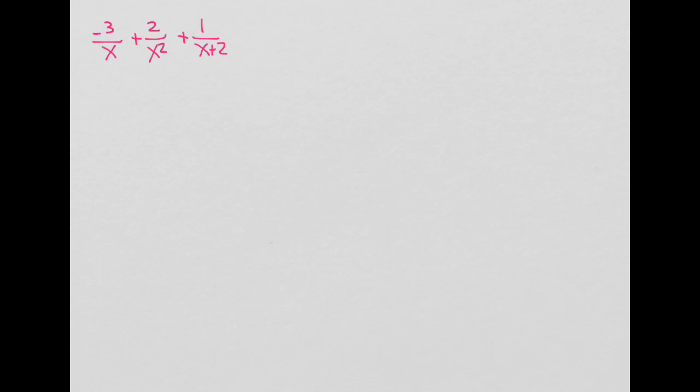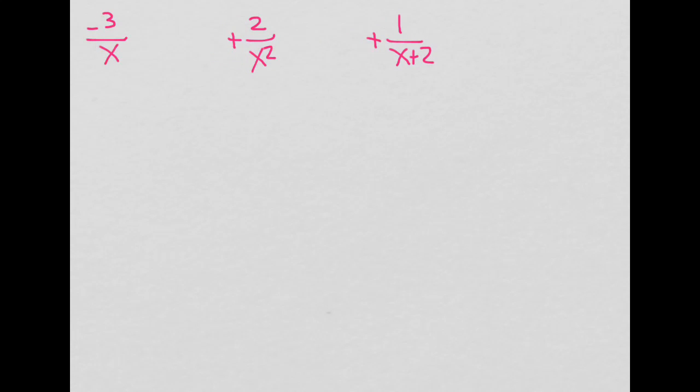But anyways, the process is exactly the same thing here. For each of these fractions, we would like to multiply each of those fractions by the product of the other two denominators. So if we do that, we're going to get negative 3 divided by x. We're going to multiply that by the product of the other two denominators.